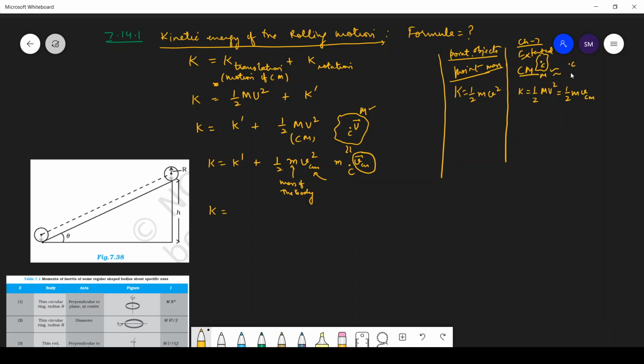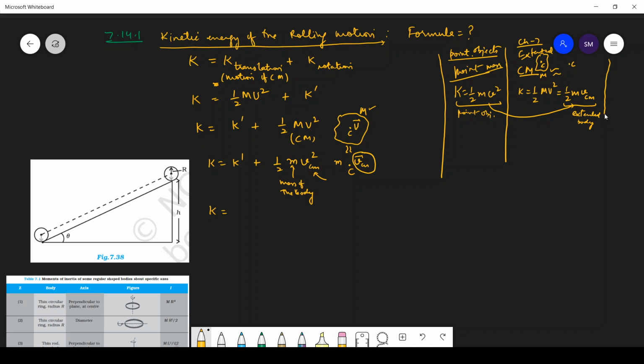When we are studying the motion of the extended body, we study the motion of the center of mass, where we assume that the whole mass is concentrated. So here we are assuming this and writing this formula. This is for the extended body, and this is for the point object.